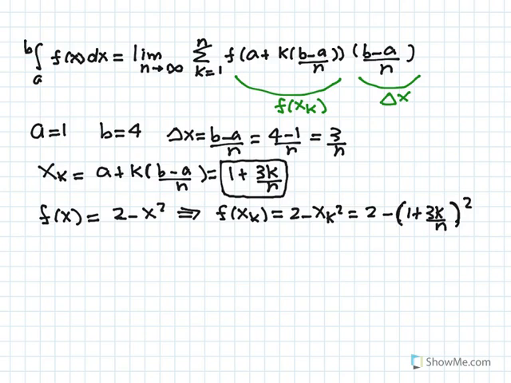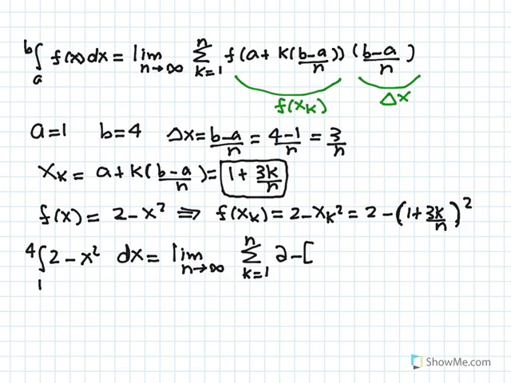All right, so the integral from 1 to 4 of 2 minus x squared dx is equal to the limit as n approaches infinity of the sum, k goes from 1 to n, of 2 minus the quantity 1 plus 3k over n squared, times 3 over n.